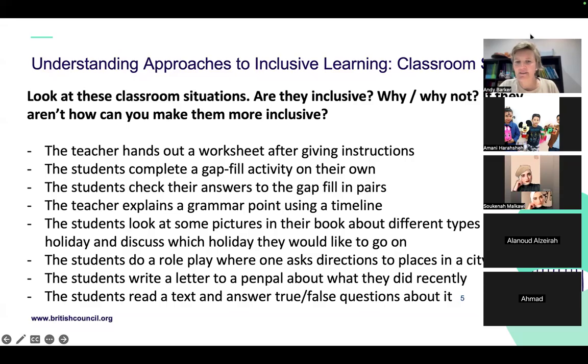Is it inclusive? The teacher hands out a worksheet after giving instructions. Is that correct? Who thinks they can answer that question?